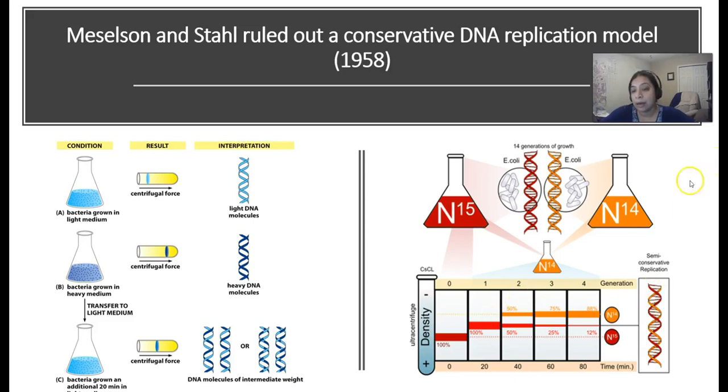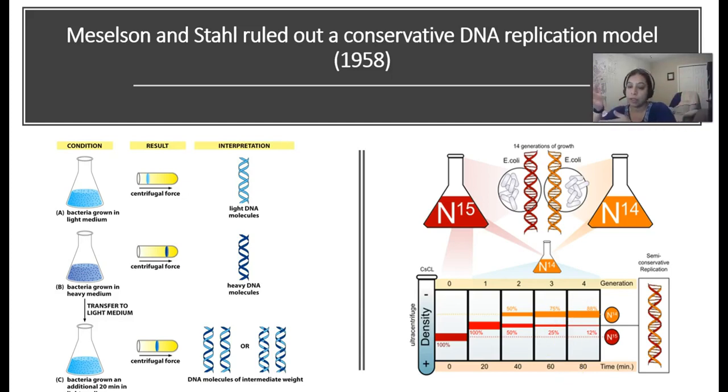They then allowed it to go another cycle, so for 40 minutes, and they looked at it again. And this time they saw two bands, half heavy and half light. When they continued this further, they saw further reduction of the heavy, so they only got a quarter heavy, and 75% of the DNA was in the light band, and then so on and so forth.